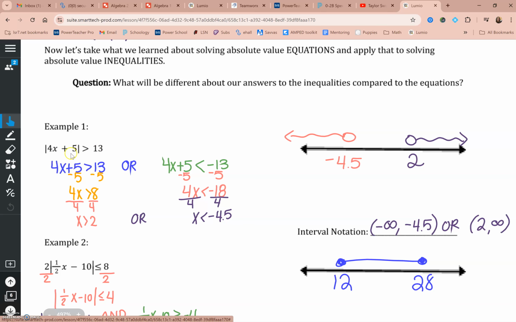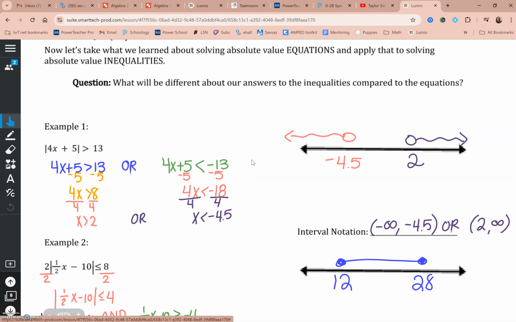Notice how I'm never solving when there's still absolute value bars. I rewrite it without the absolute value bars. Or we have the same thing on the left side, but then we flip the sign and make the right side negative. So we solve both of those inequalities and we have two statements. X is greater than 2 or x is less than negative 4.5.